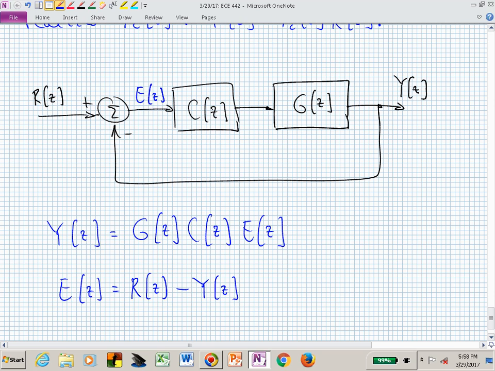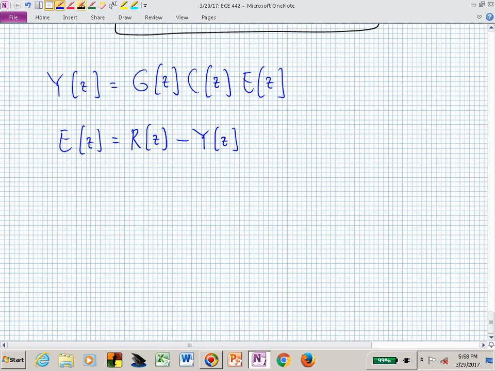Now what we want to do is simply replace E in the first equation with the E in the second equation, and then start solving. That's all we're doing.